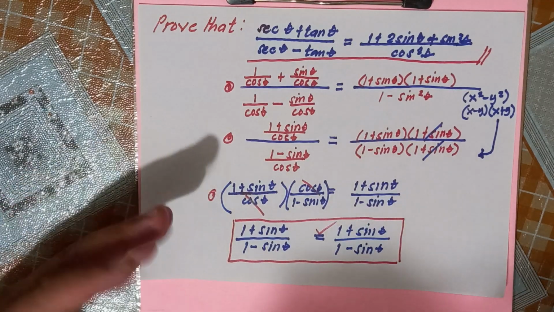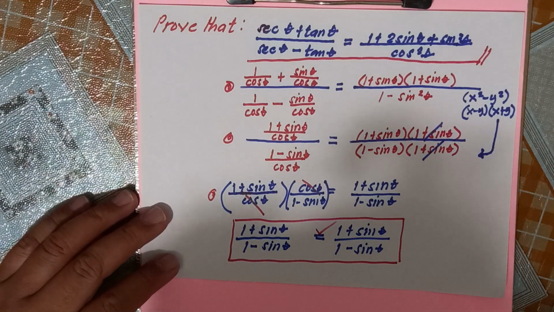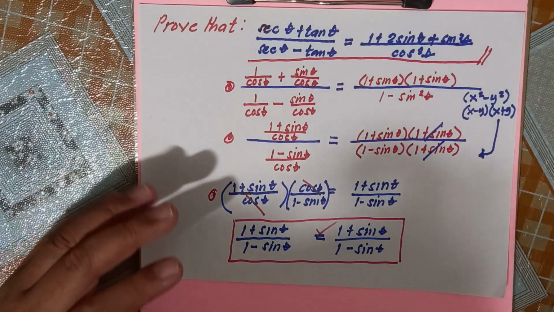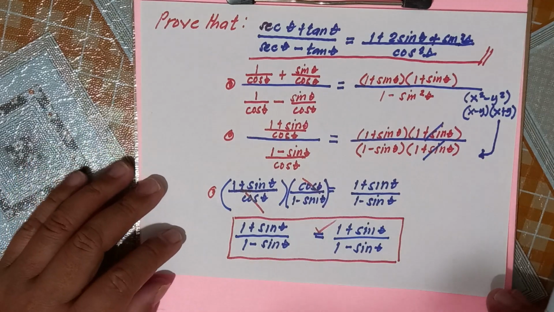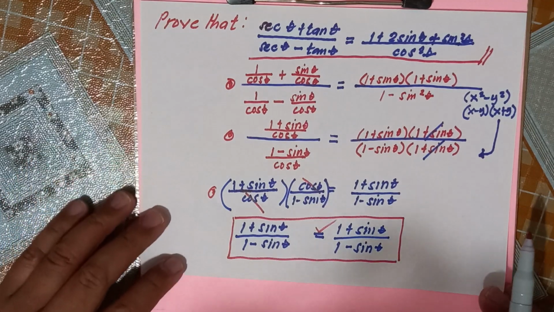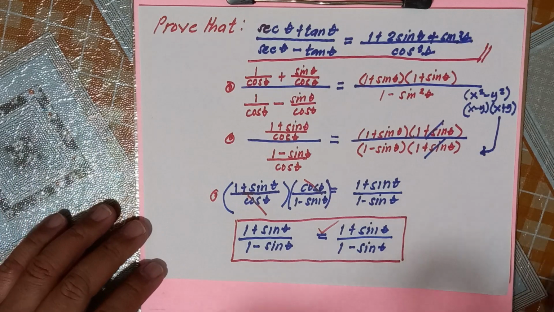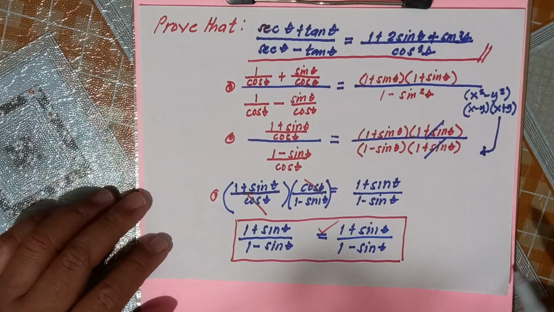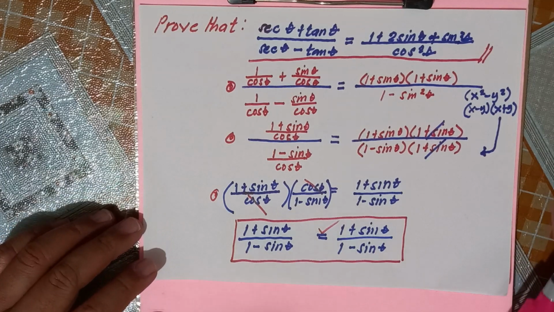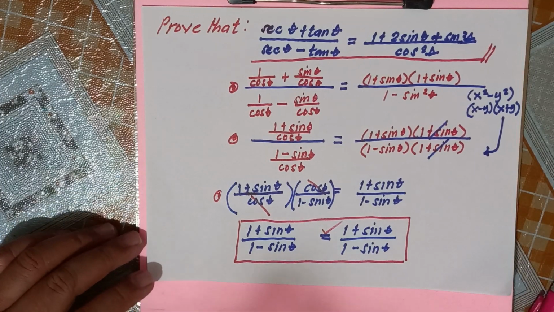So there is nothing very hard here if you memorize the basic identities. Again, I hope you understand how to prove such a trigonometric equation using the double-sided method of proving. Thank you.